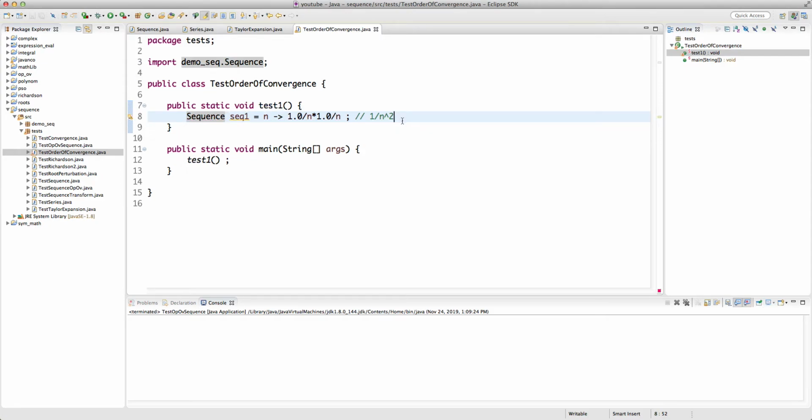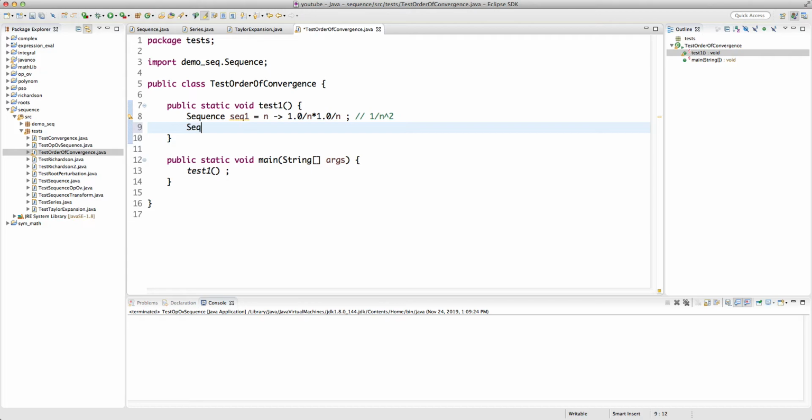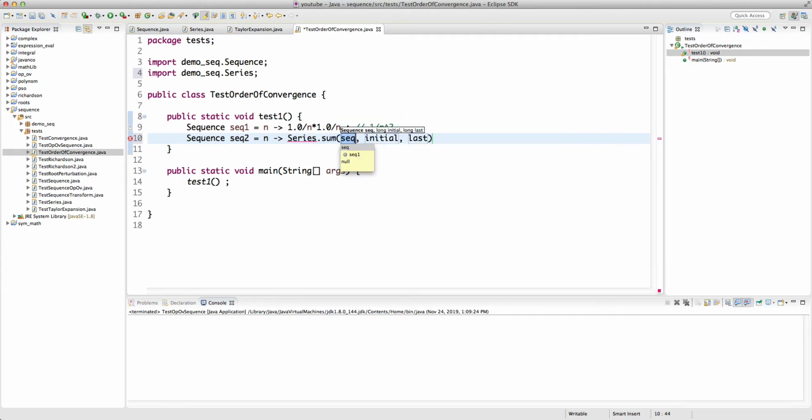Okay. And if we create a sequence sec2, which is n goes to Series.sum over this sequence from 1 to n, we're creating a partial sum.